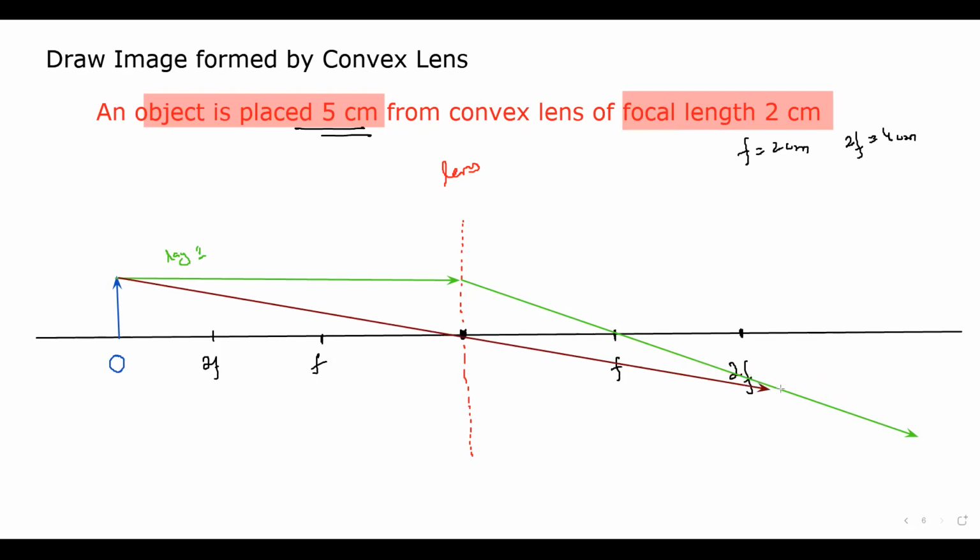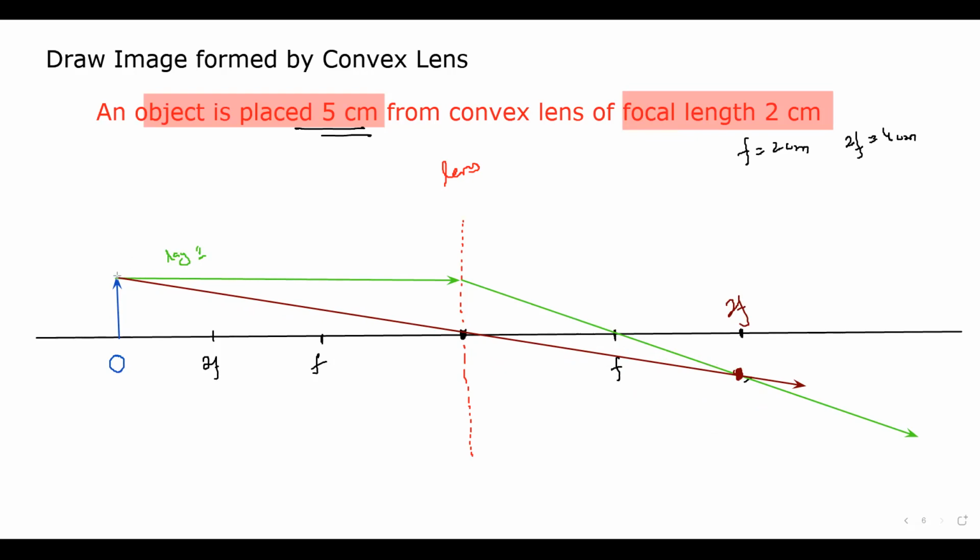And the point where these two light rays intersect or converge, this is the position of the image. So mark this point and draw an image.